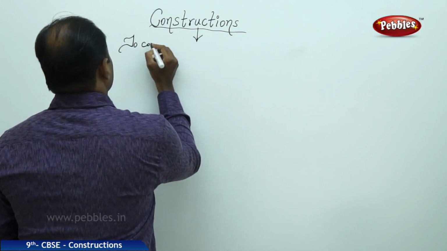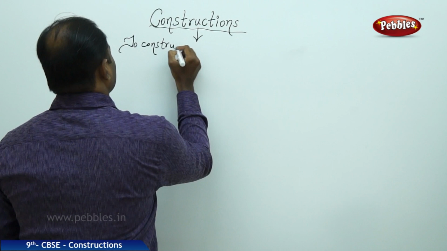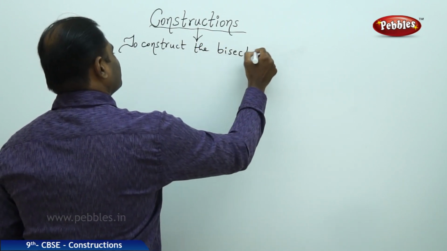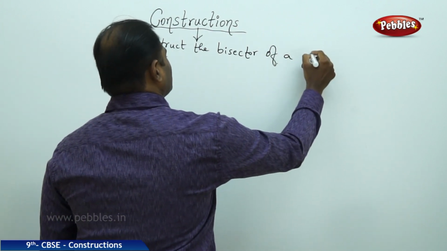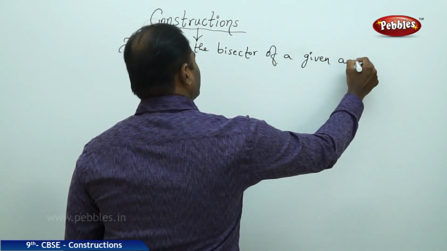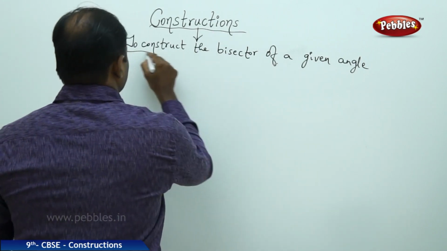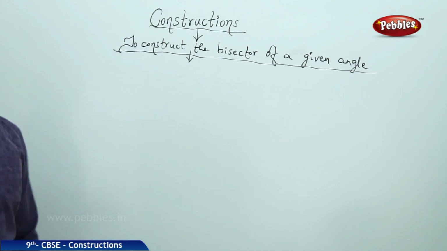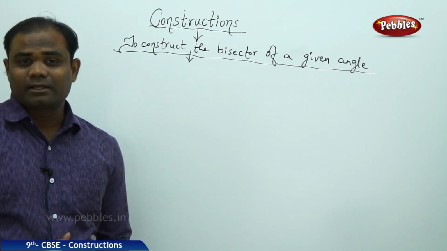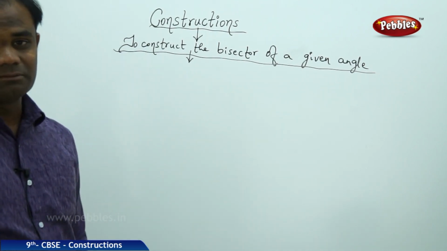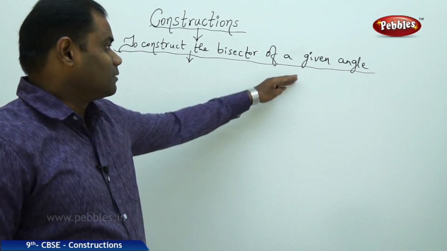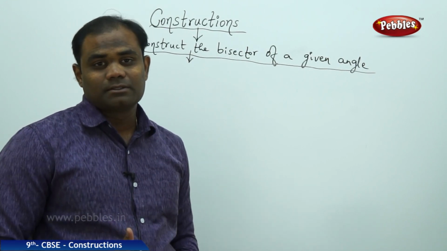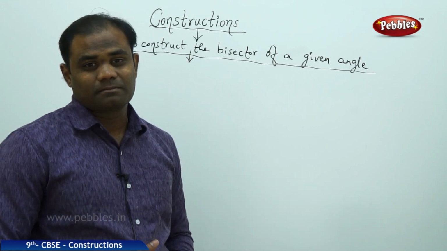To construct the bisector of a given angle, let's see how a bisector can be drawn. I mean, for a given angle which can be exactly or equally divided is what we call the bisector.